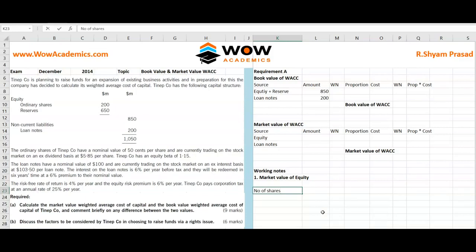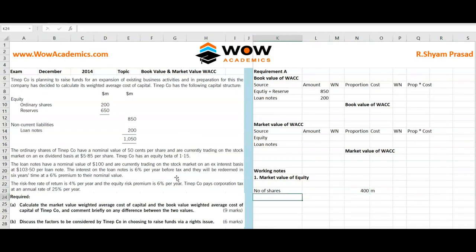The number of shares is equal to, if you see, the nominal value of the shares, 200 million, divided by the nominal value of each share. Each share is 0.5, so this will give you the total number of shares. The total number of shares is 400 million.